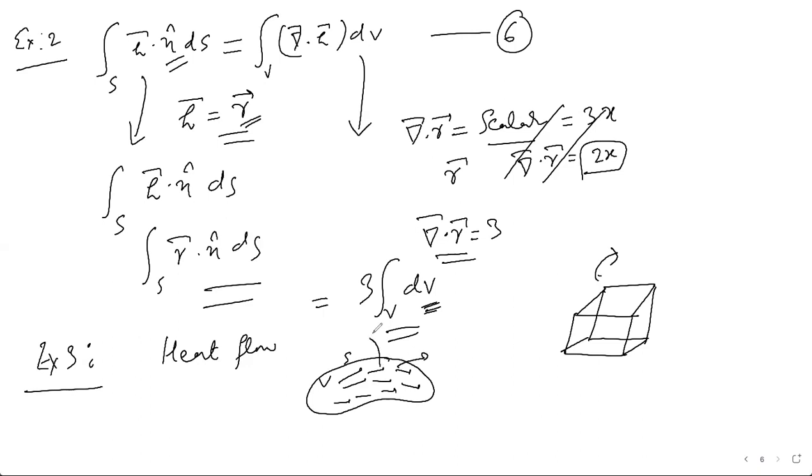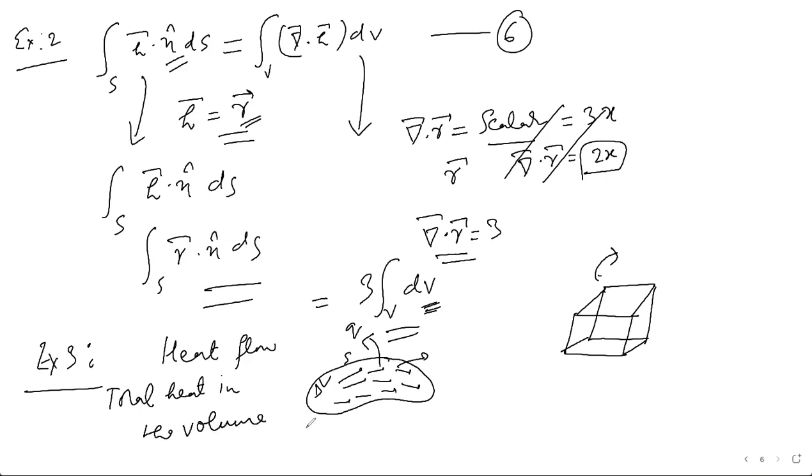If there was total heat Q given in some volume, let's say some small volume delta V, so if Q is my heat per unit volume, what is the total heat in the volume?